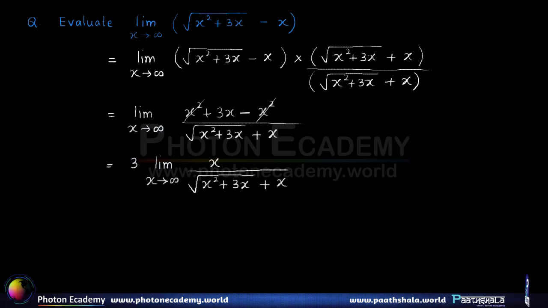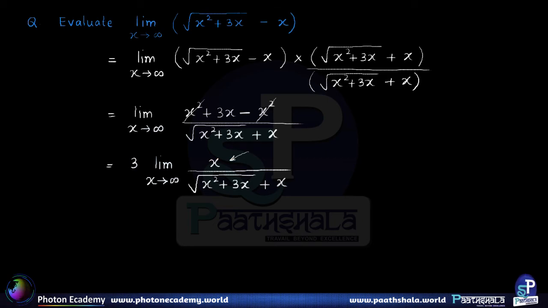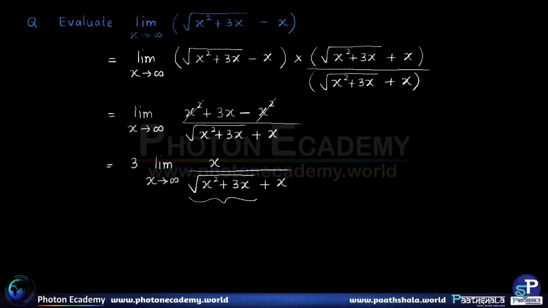Now if you observe, the numerator is a linear term. In the denominator also we have one linear term, which is x. And the second term is quadratic in x, but it is inside the square root, so eventually we can think of this particular term to be of linear nature only.